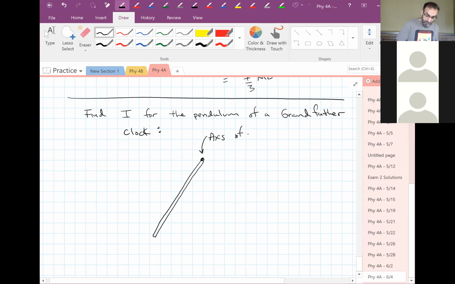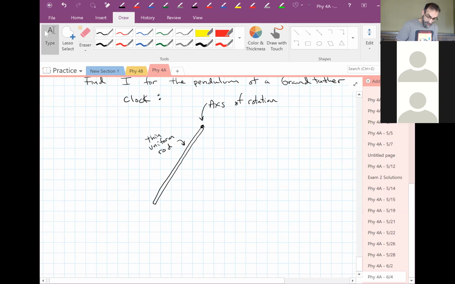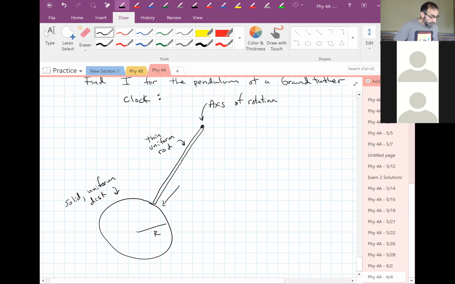Axis of rotation. We've got our thin uniform rod, and then it's attached to a solid, uniform disc. This will be radius r. This will be length 2r.